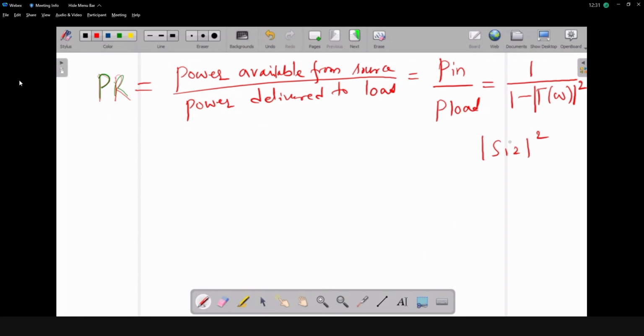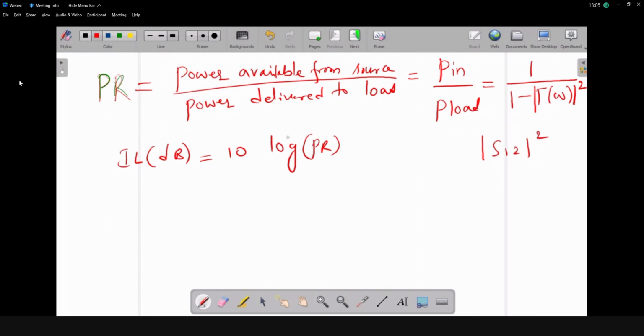Now if both the source and load are matched, then we can define the insertion loss in dB as 10 log of this power loss ratio. We can also call it the power loss in dB, which is nothing but 10 log of PR.